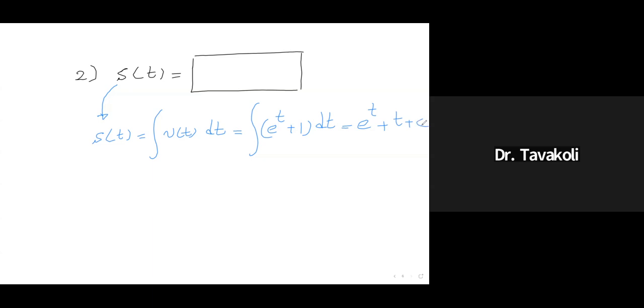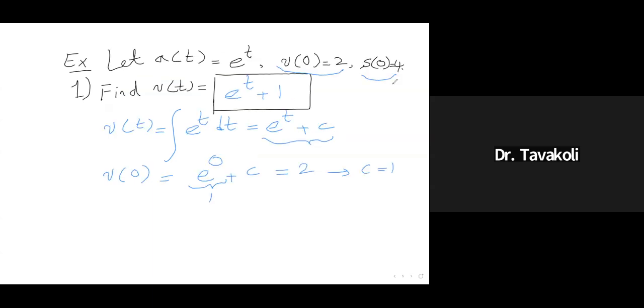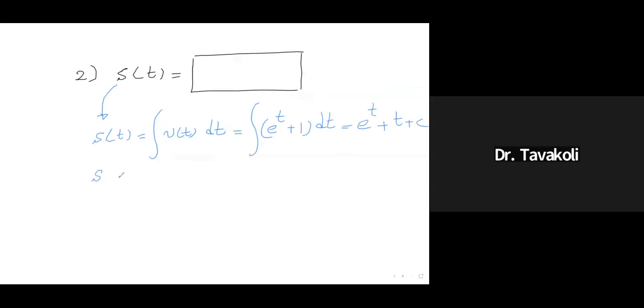Can you tell me what c is, knowing that s of 0 is 4? So s of 0 is 4. Meaning e to the 0 plus 0 plus c.